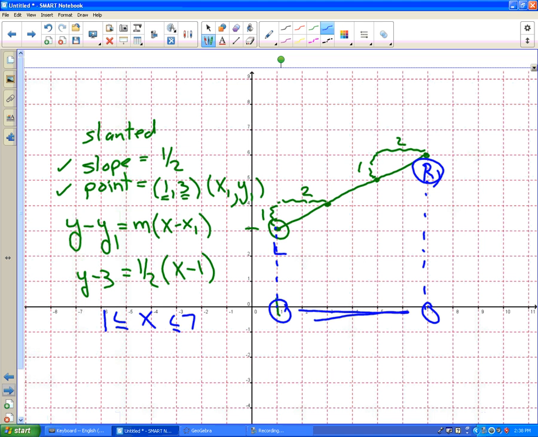So our domain would be 1 is less than or equal to x is less than or equal to 7. Those are the two equations I need to see on the back of your paper for any and all slanted lines, using the appropriate slope and ordered pair. So remember, to do a slanted line, you need a slope and a point. Plug them into that equation.